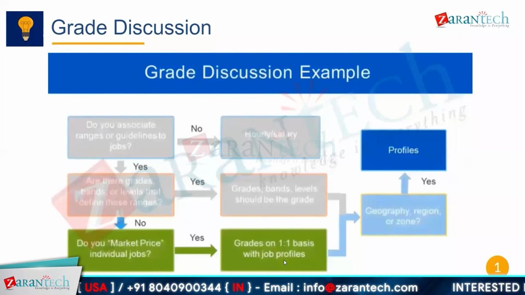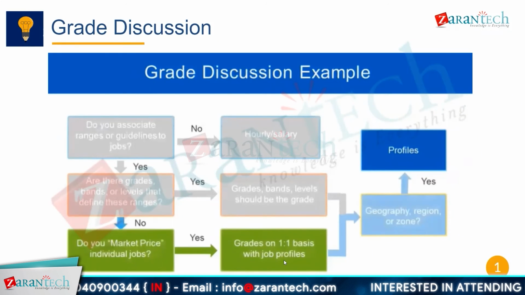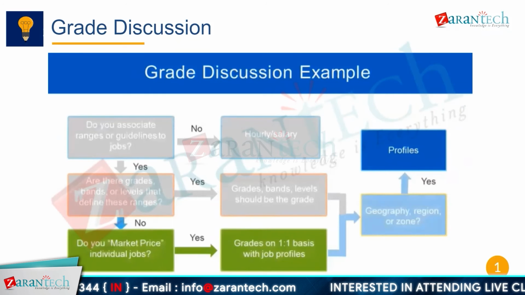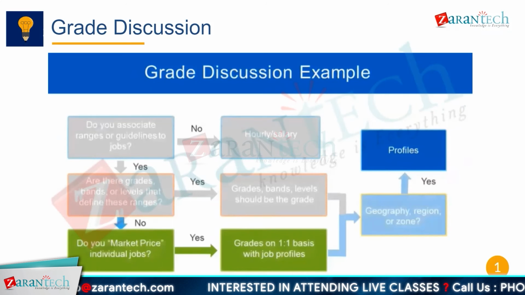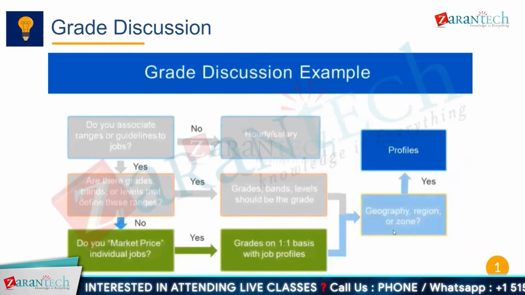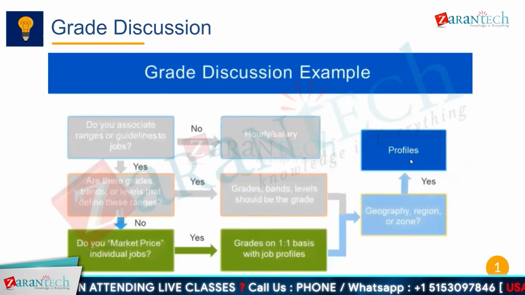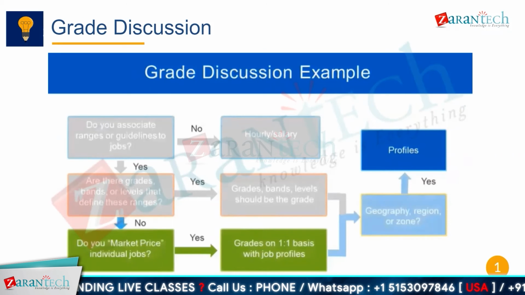If yes, then grades are one-on-one with job profiles. So you create your grades based on your job profiles. But if you have grade bands, then grade bands levels should be the grade levels. You can have grades based on geography, region, or zone, and then populate them in your job profile.